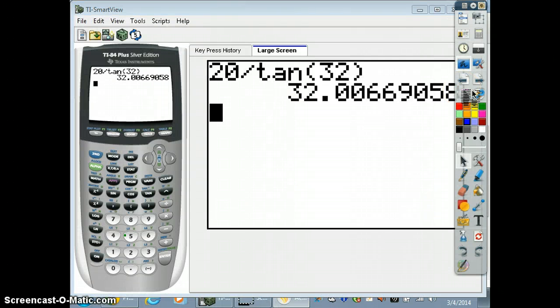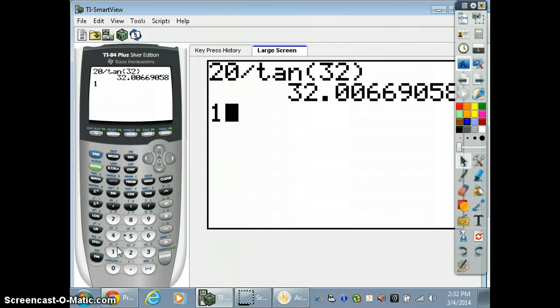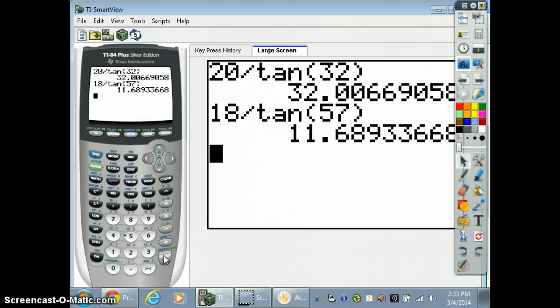18 divided by the tangent of 57. I hope you're working this along with me. And we get 11.68, so 11.7.